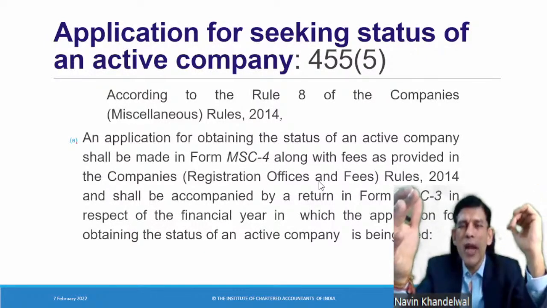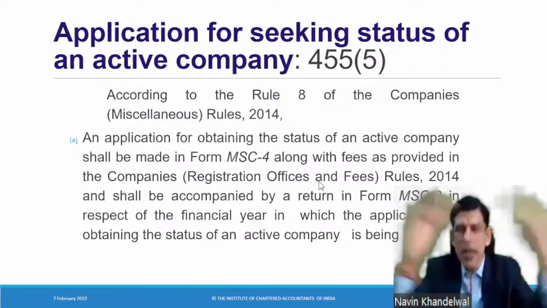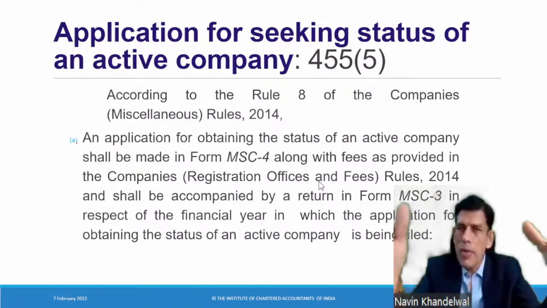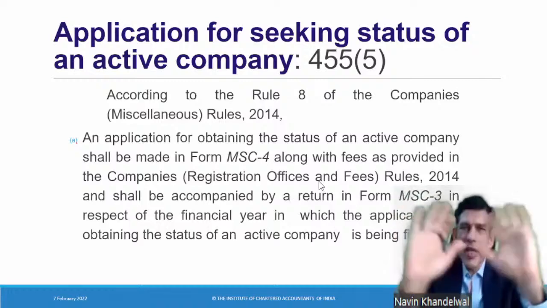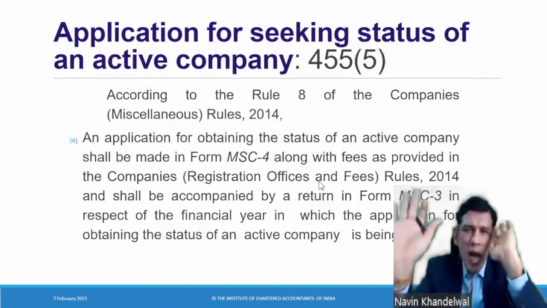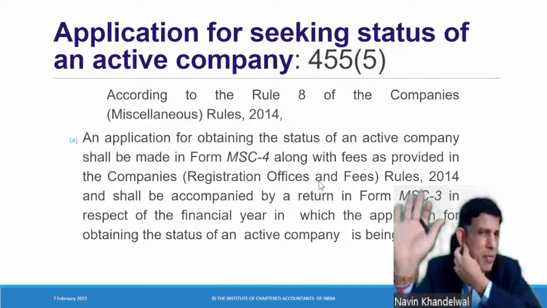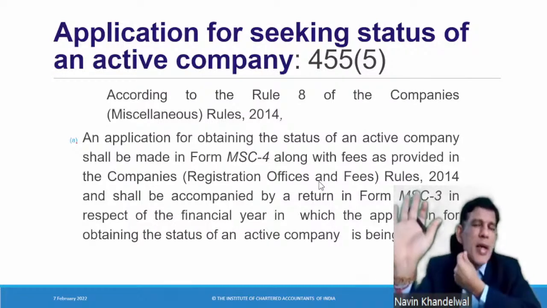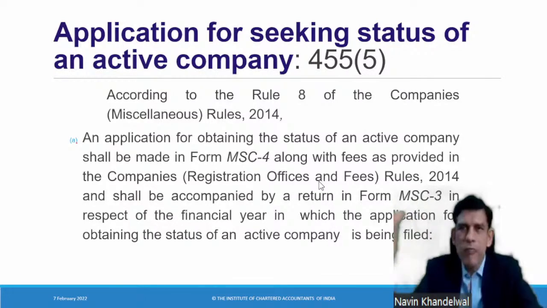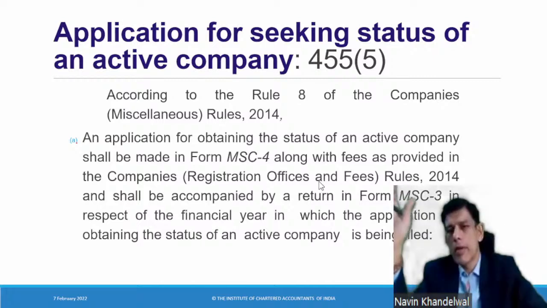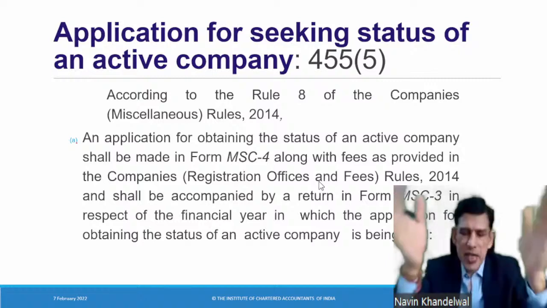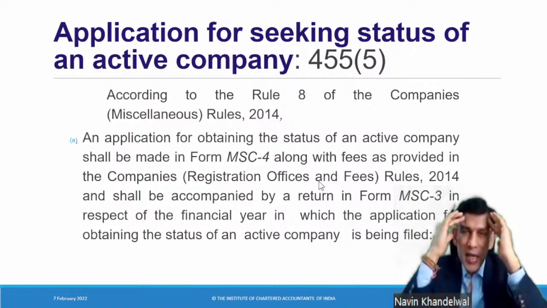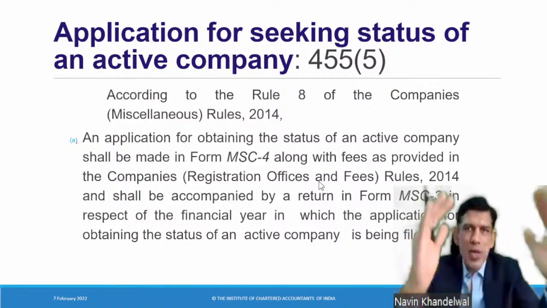That is why I would like to apply for removal of my name. Here I am not applying for removal of my name. I am saying my name is there, but only for the time being I am sleeping. Let me have a good sound sleep, and then I will become an active person. So the differentiation should be very much clear in your thought process, that why dormant and why removal.